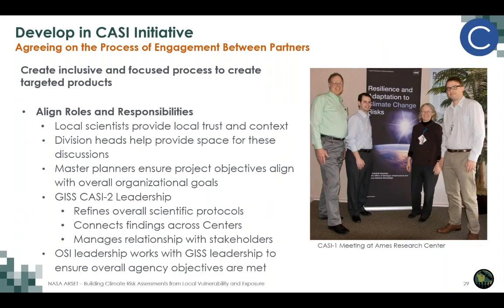The CASI leadership at GISS focuses on developing scientific protocols so that we maintain consistency throughout the centers and throughout our science team. And this helps create a cohesive understanding when we synthesize findings across the centers. We also manage stakeholder relationships. The OSI leadership works with GISS leadership to ensure overarching organizational objectives of the agency are met.